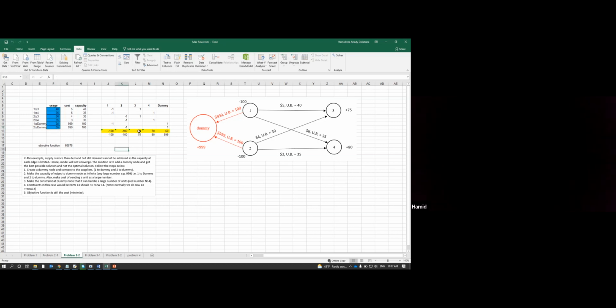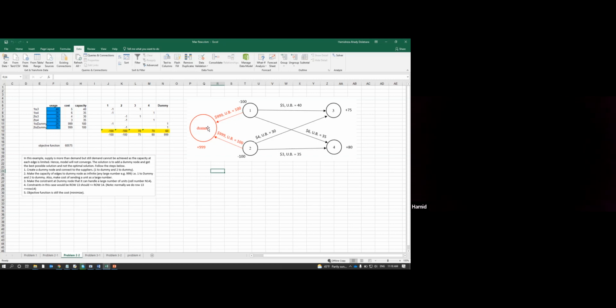Also, as you see, 70 units were received at point 3 and 70 at point 4. Even with the constraints that we have over-linked, we couldn't satisfy the demand, and we have to send some units to the dummy point, and it was the best thing that we could do.